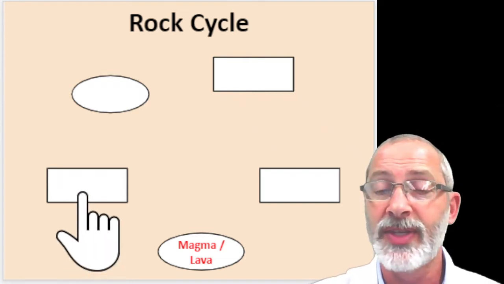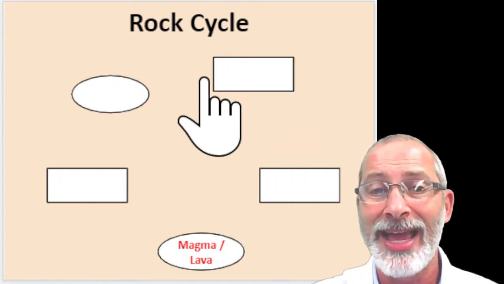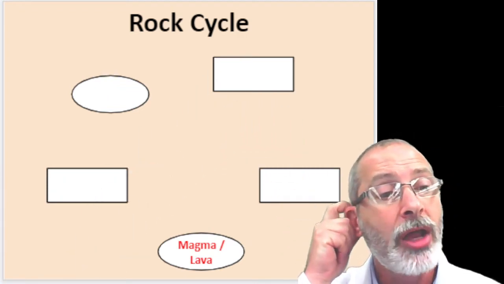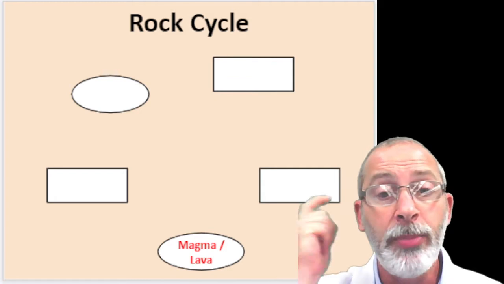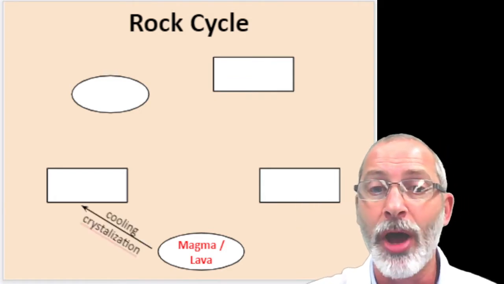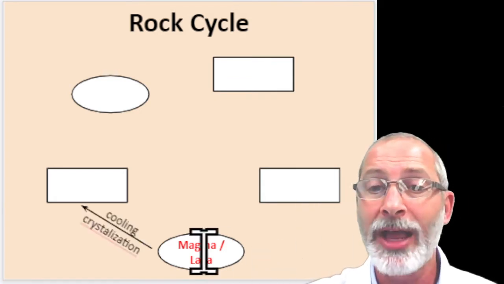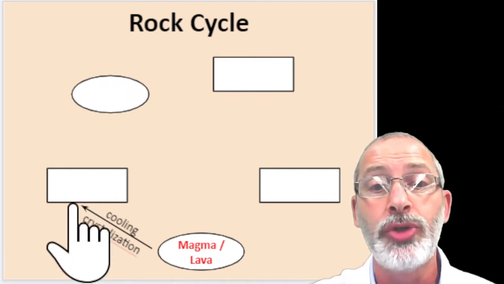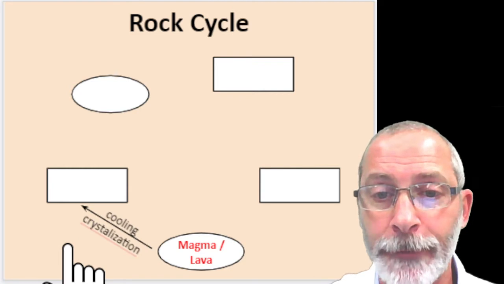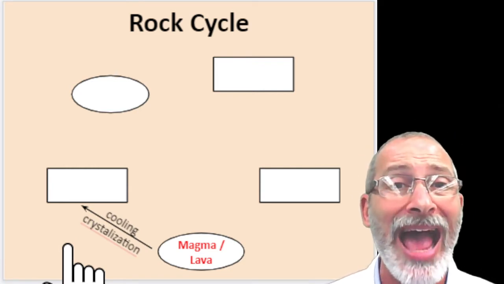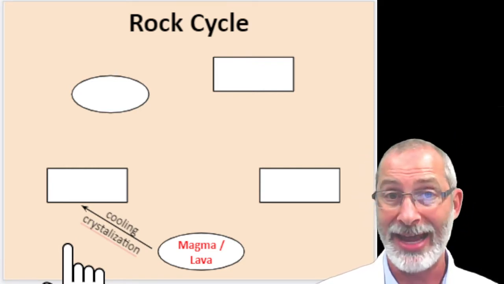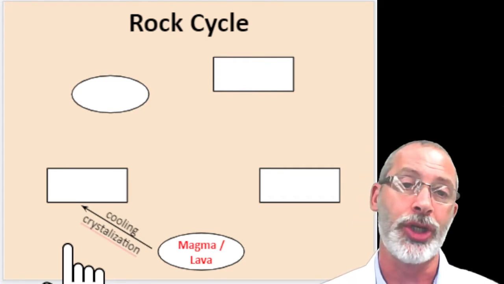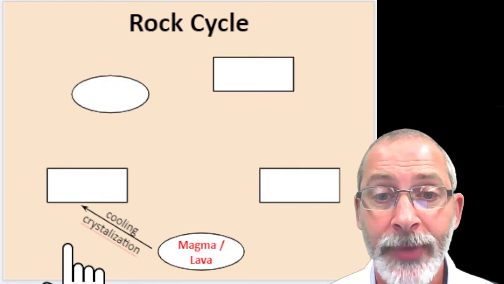And you might guess that on our diagram, these three rectangles are going to become our three rock groups. So we're going to begin by drawing an arrow from our magma and lava, from our molten material. We're going to draw an arrow to our first rectangle. And along that arrow, we're going to label that arrow cooling and crystallization, or crystallizing.